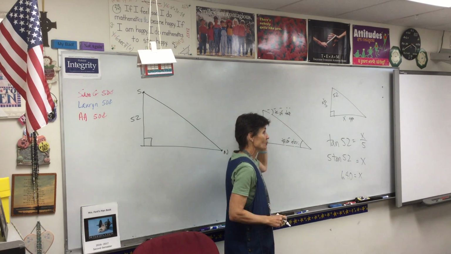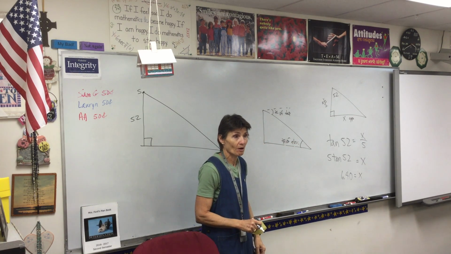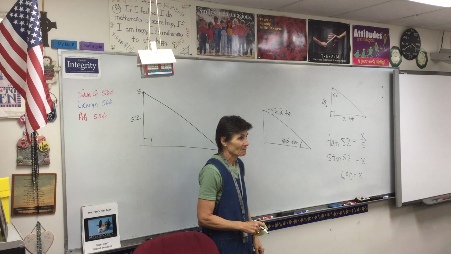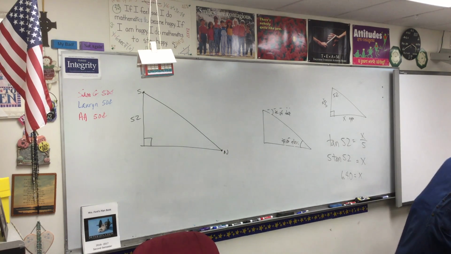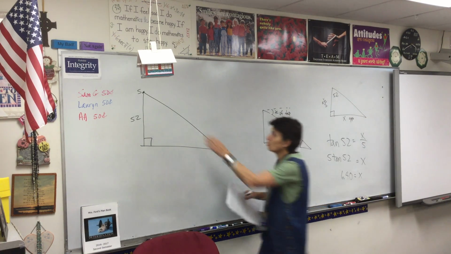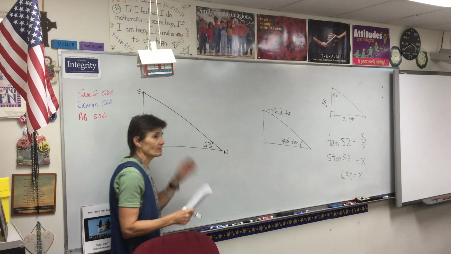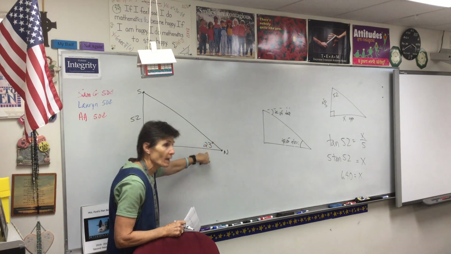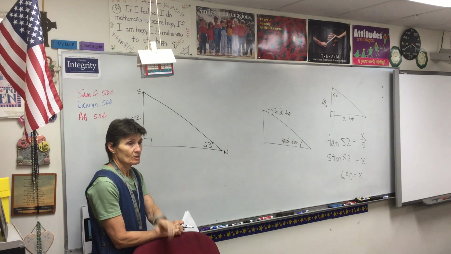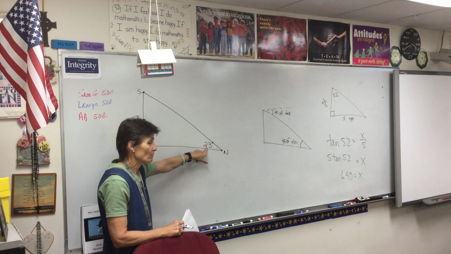When parallel lines are cut by a transversal, alternate interior angles are congruent. So, when I read the problem, I am not going to mark the 23 up here. I'm going to put it right here. Every angle of elevation or depression can be marked right there. So simplify your life, put it there. Every time.